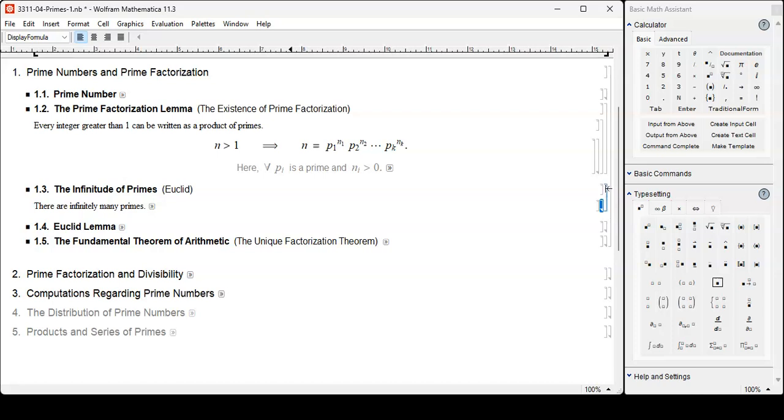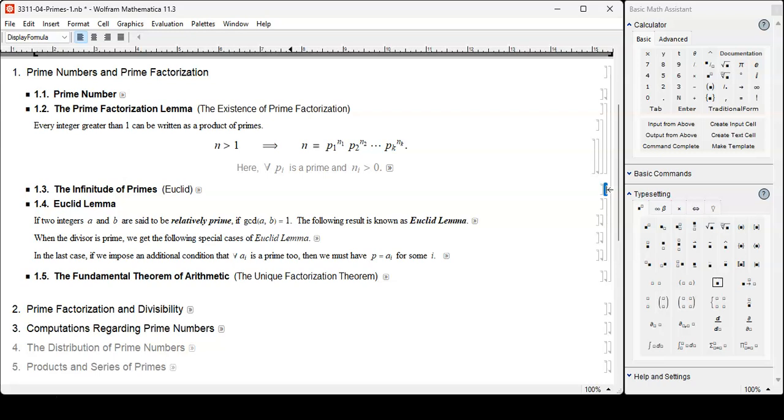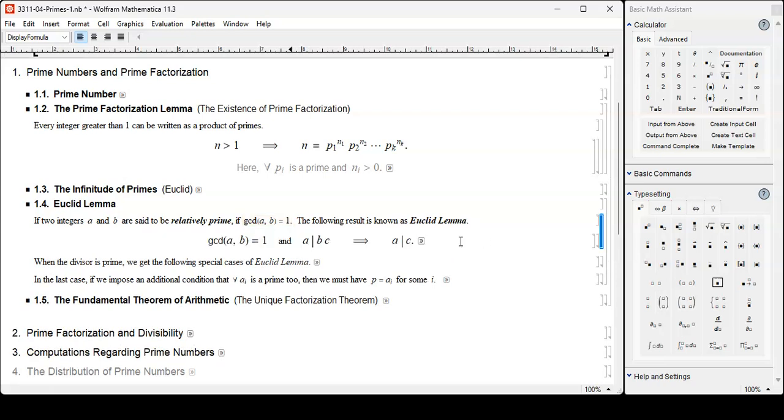And one more step before going over to the fundamental theorem. Euclid's lemma. Two integers a and b are said to be relatively prime if their greatest common divisor is 1. Remember that, and this result is known as Euclid's lemma. If a and b are relatively prime, and a divides bc, then a must divide c.